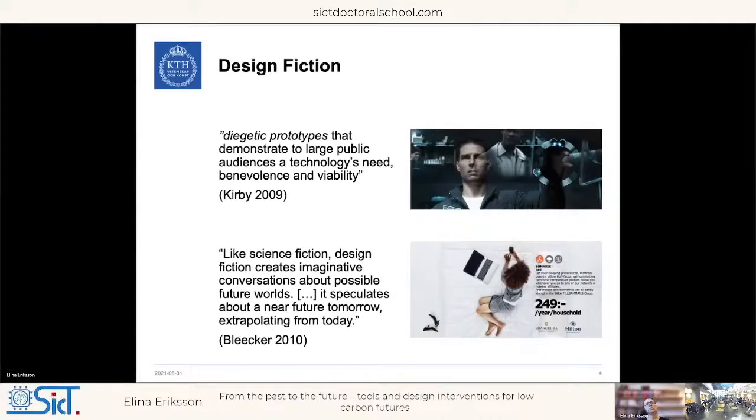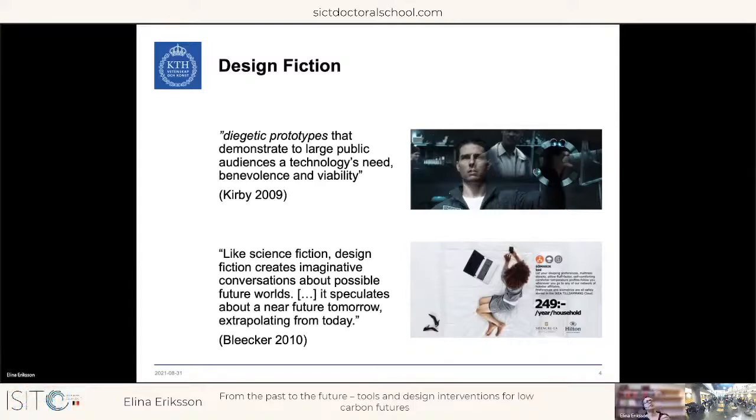And one of the maybe most famous ones is the topmost example here in the pictures, which is Tom Cruise in Minority Report. And he's using these hand gestures long before they were actually existing in technological development or in commercial products. So it's this.